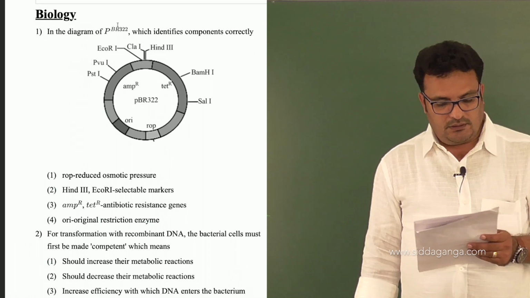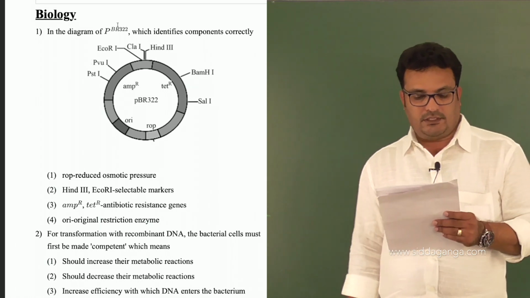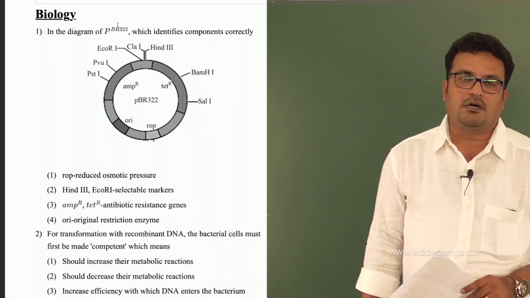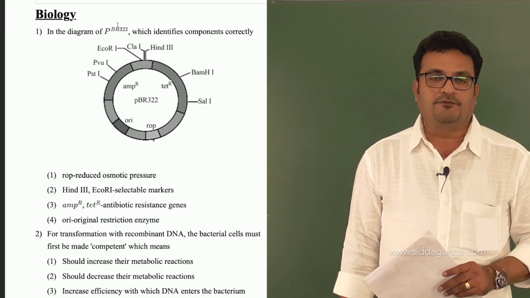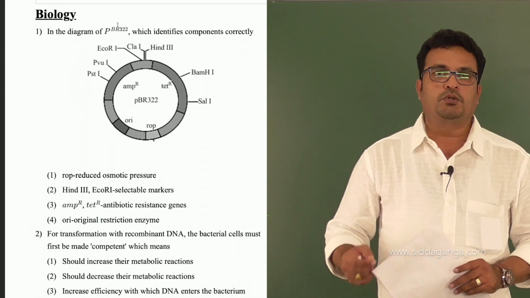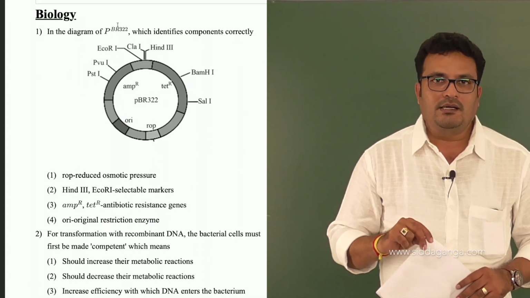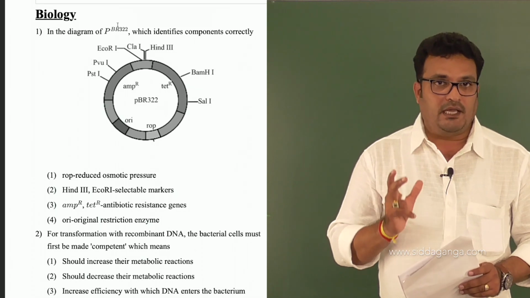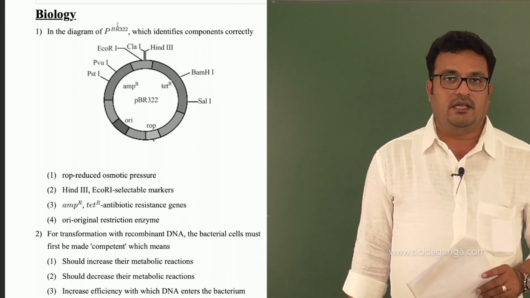And the first option, ROP, is given as reduced osmotic pressure. That is not reduced, that is the repressor of primer, which is very much required to initiate DNA replication, as we know that plasmids are self-replicating, circular, double-stranded DNA.